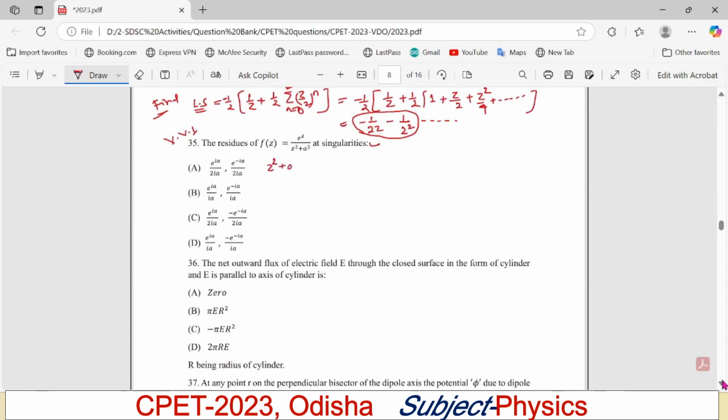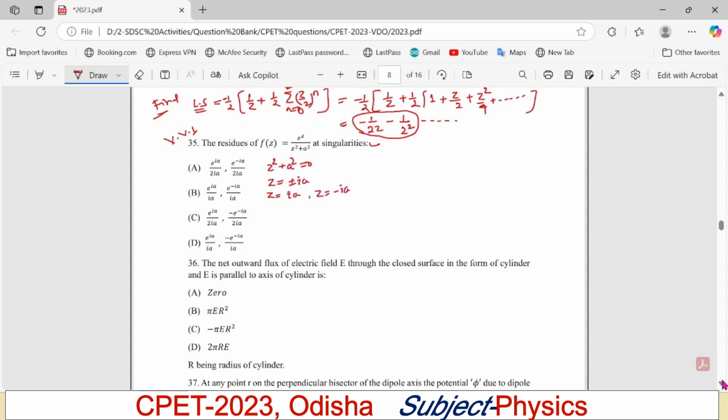z square plus a square equal to 0. If I consider z equal to plus or minus ia, the two singular points are z equal to ia and z equal to minus ia. These are the two simple poles.